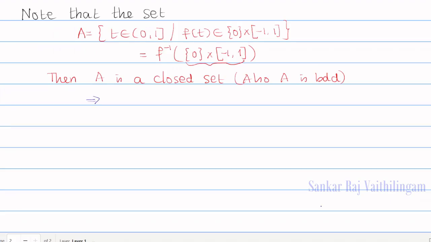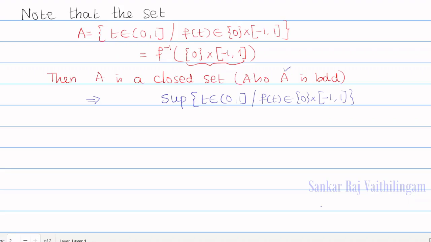the supremum of the set of all t belonging to the closed interval 0 to 1 such that F of t belongs to my vertical strip 0 cross closed interval -1, 1 will always exist because it is bounded.